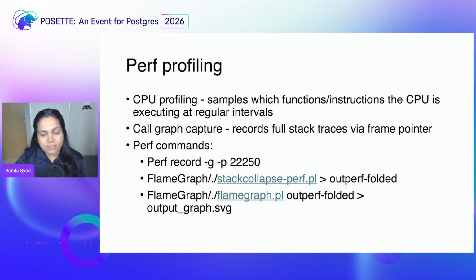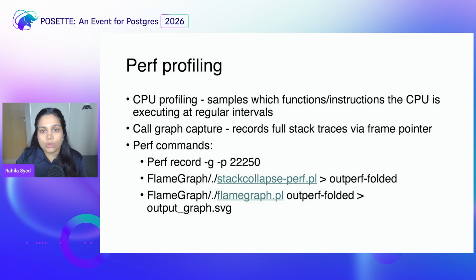So let us look at perf profiling. This is used to profile the CPU consumption of a particular process. It samples the execution of various instructions on the CPU at a fixed interval, so that when it is aggregated, you know where most of the CPU time is spent by the particular process.